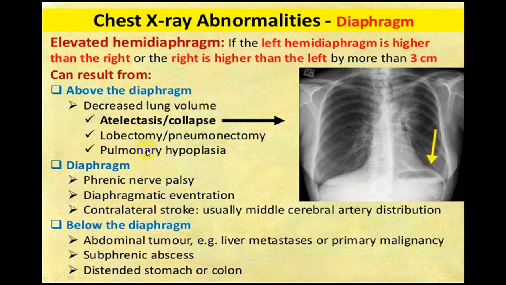While it will be pulled up in atelectasis, or we call it collapse, lobectomy, pneumonectomy and hypoplasia. But in this condition, because it produces uniform haziness, you may not be able to differentiate the dome of diaphragm very clearly. So always try to look for that particular thing. And in all these conditions, the trachea will be pulled towards the site of damage. Always try to look for those findings.